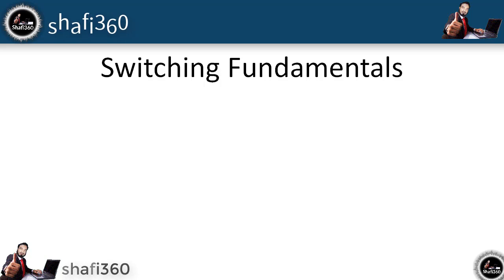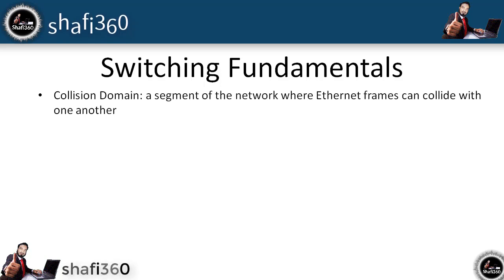Let's talk about two other concepts that will become very important in future discussions of Ethernet networking. The first is a collision domain, which is a segment of the network where Ethernet frames can collide with one another. You remember back to our discussion of a hub, every device plugged into that hub is on the same collision domain. Collision detection is the CD portion of CSMA-CD.